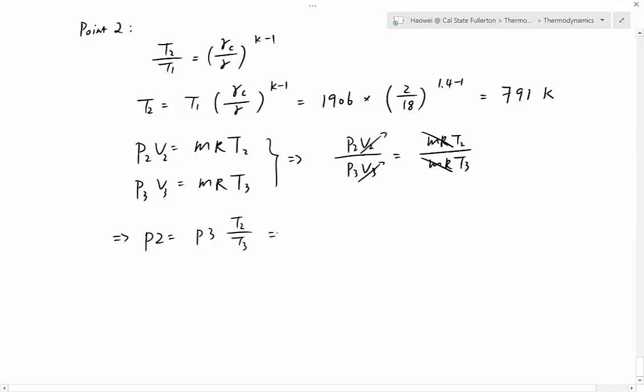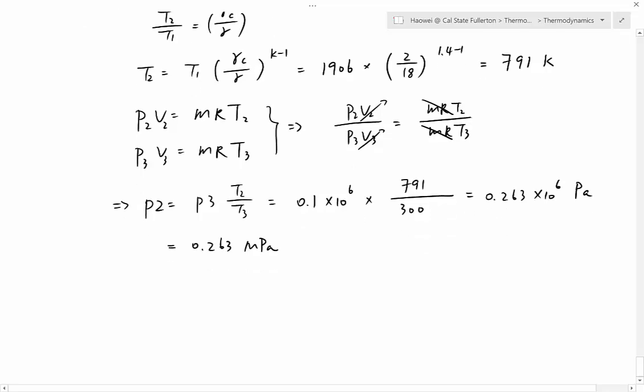And what is P3? P3 from before is given as 0.1 megapascal. So convert it to Pascal by multiplying 10 to the 6. T2 is 791 Kelvin divided by T3, 300 Kelvin. So our solution for P2 is 0.263 times 10 to the 6 SI unit Pascal. One more step, 0.263 megapascal.